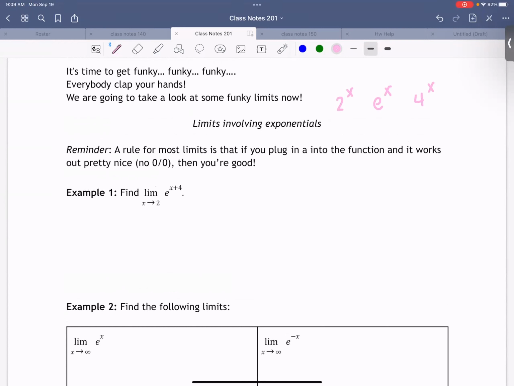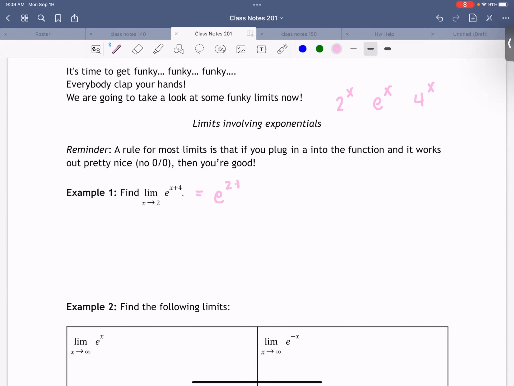Now, just a little reminder with limits: as long as we can plug in the number and get something that works, we can pretty much plug into any sort of function, kind of like polynomials. For example, the limit as x approaches 2 of e to the x plus 4, even though it looks weird, let's just try plugging it in.